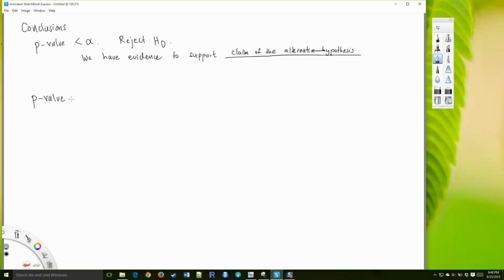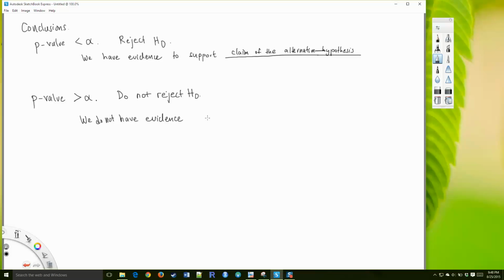On the other hand, if the p-value is greater than alpha, we do not reject the null hypothesis, and that means we do not have evidence. Oh, I said do have. It's we do not have evidence. It's an important word.